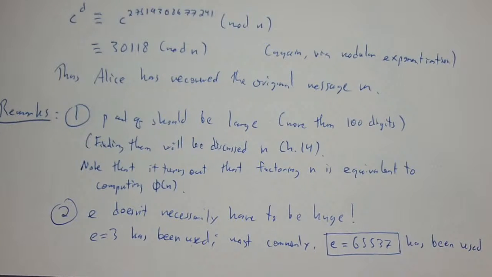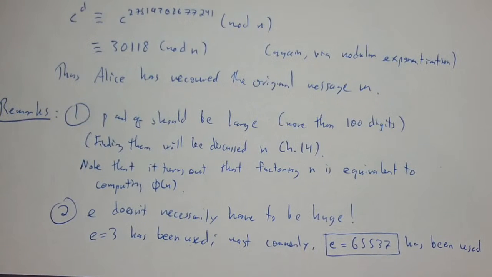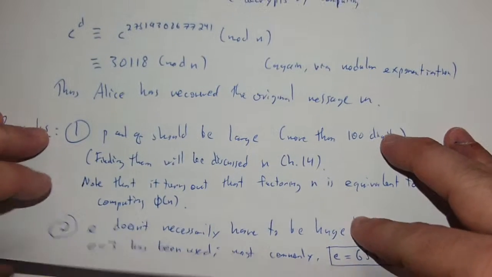The reason why this is nice, E not having to be huge, intuitively is that the smaller E is allowed to be, the easier the process of encrypting is. Being able to keep E relatively small means that encrypting is quick. Raising your message M to that exponent E is quicker if E is smaller.